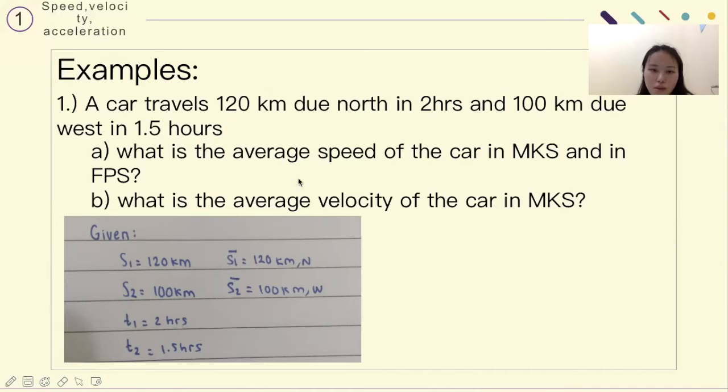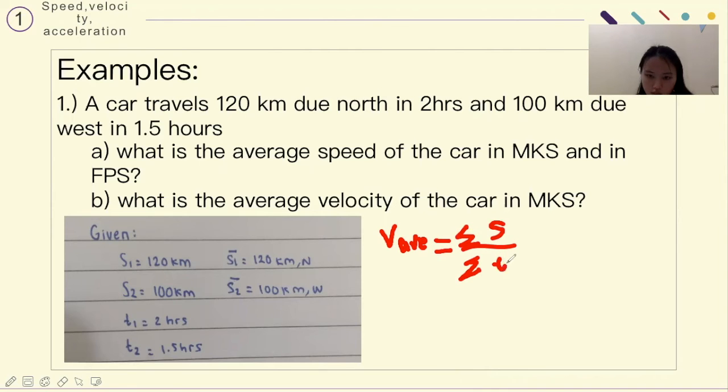For question A, we need to find the average speed. What you're going to do first is write the formula of average speed. The formula of average speed is sigma s over sigma t.